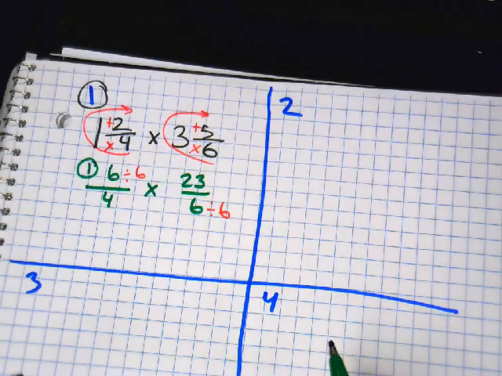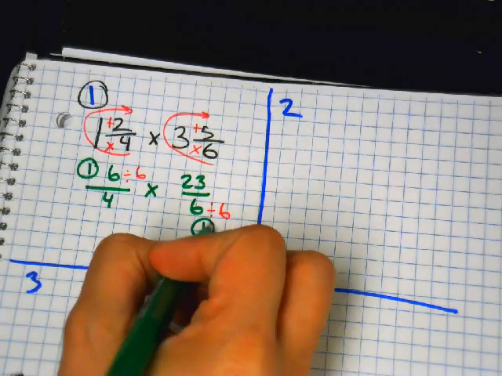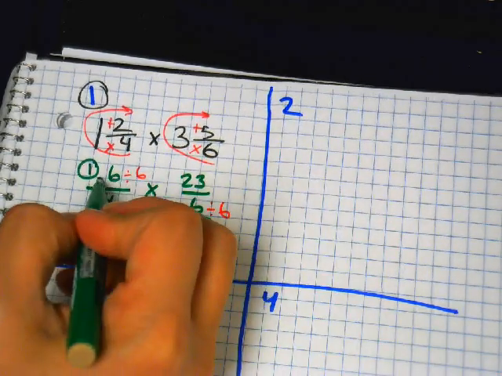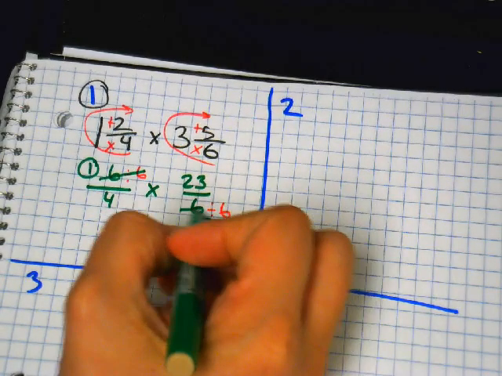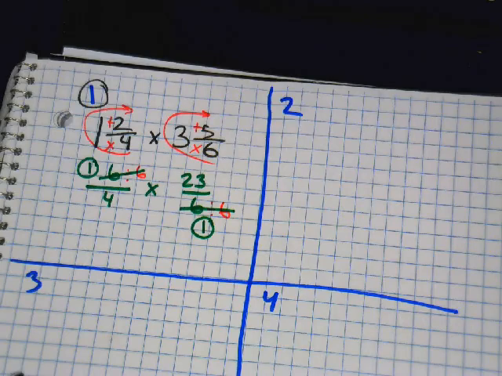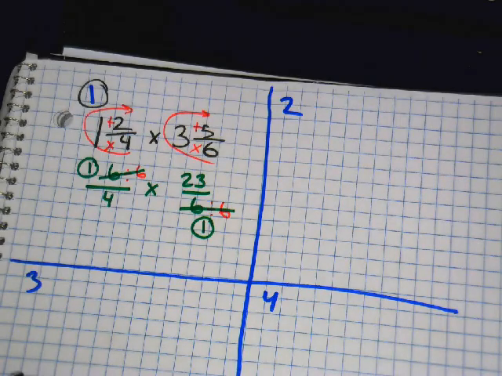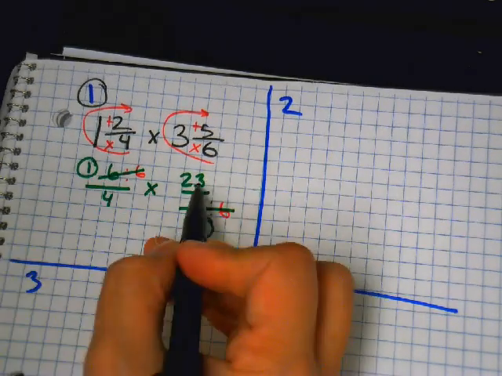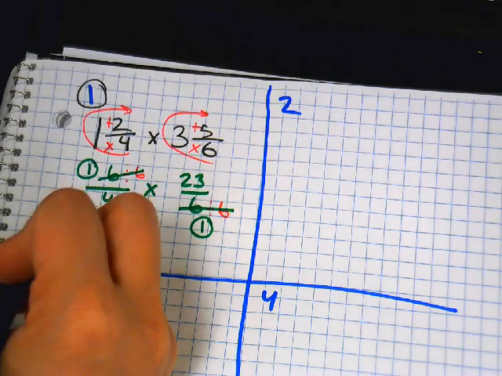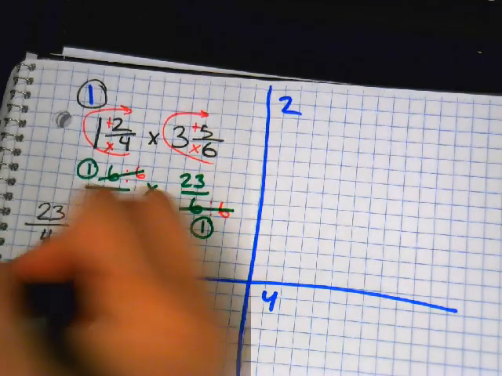Circle it. 6 divided by 6? 1. Circle it. We no longer use that number. 4 and 23. Anything? No. Nope. So once you've confirmed that you can't do anything else, you multiply straight across. 1 times 23, 23. 4 times 1, 4.